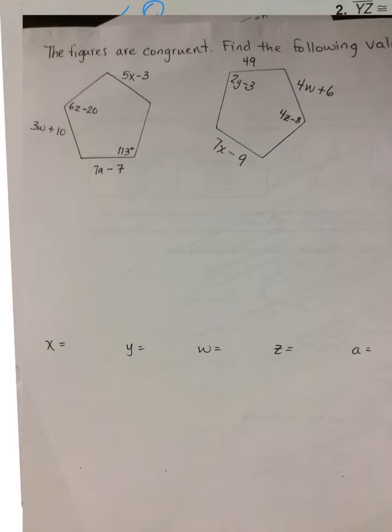So for example, I have an x. 5x matches with the x's. So then I would do 5x minus 3 equals 7x minus 9. My w's, 4w plus 6 has to equal this other w, 3w plus 10.